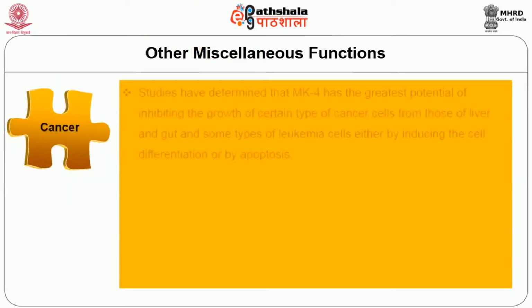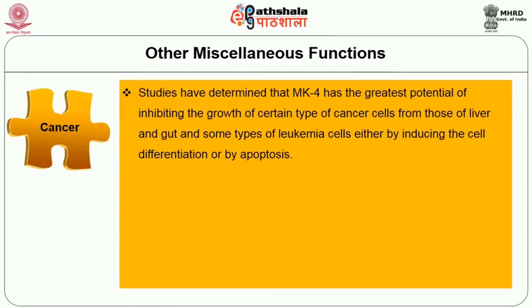Next, in cancer, studies have determined that MK4 has the greatest potential for inhibiting the growth of certain types of cancer cells, such as those of the liver and gut and some types of leukemia cells, either by inducing cell differentiation or by apoptosis.